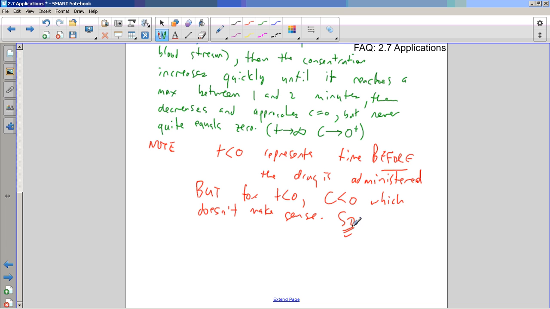So, what's the moral of this little story in red here? Restrict the domain to T has to be greater than or equal to 0.